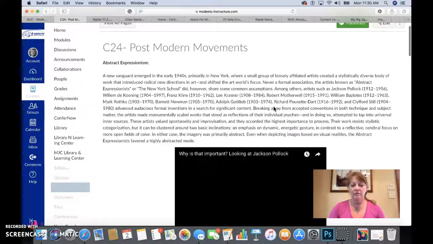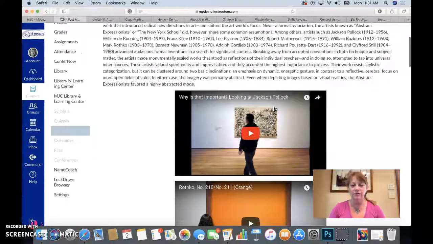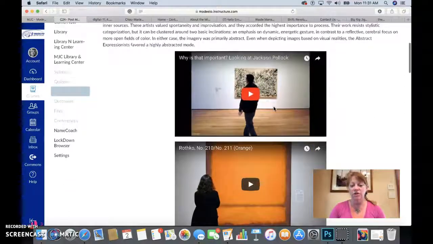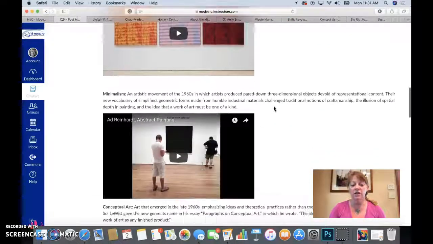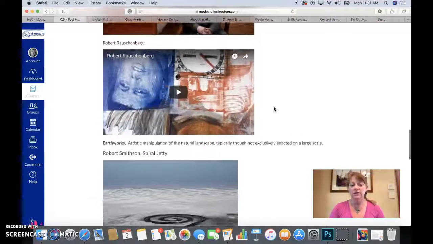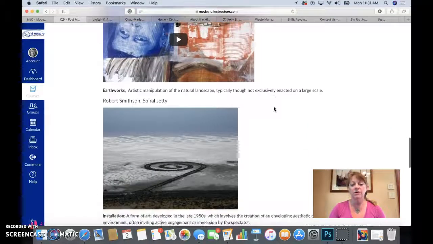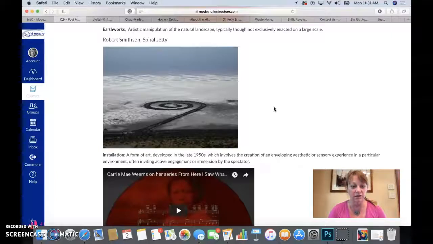Postmodern movements, abstract expressionism. Now you've seen the film, delve deeper into this by looking at Jackson Pollock and Rothko, Lichtenstein and Reinhardt, and Sol LeWitt, Robert Rauschenberg, Robert Smithson's Spiral Jetty, which incidentally, because it's an earthwork, is often sinking.